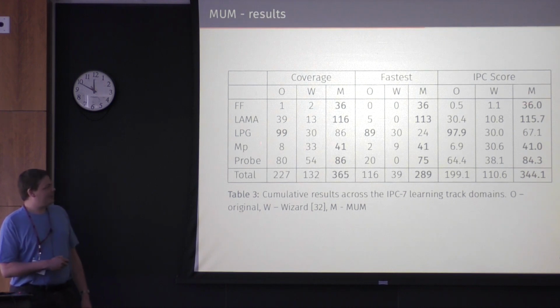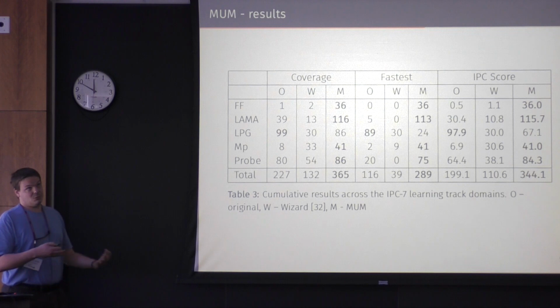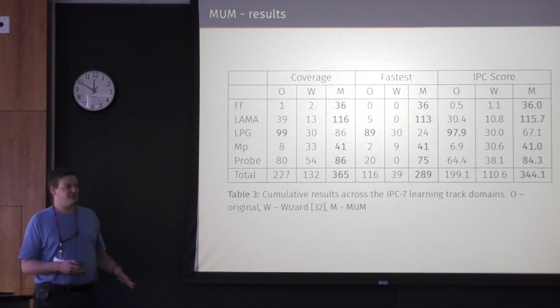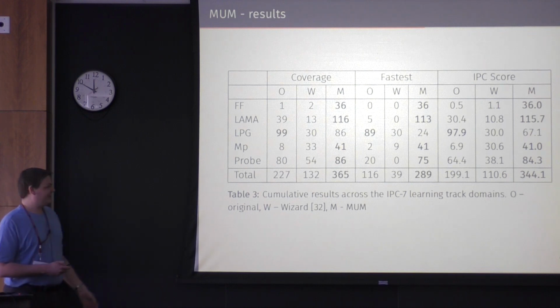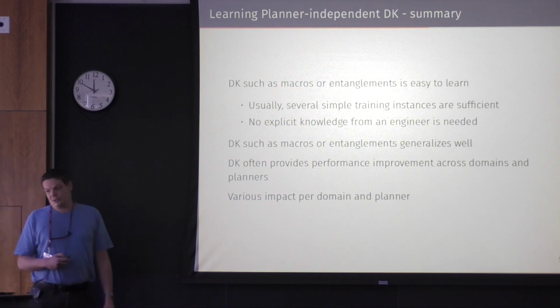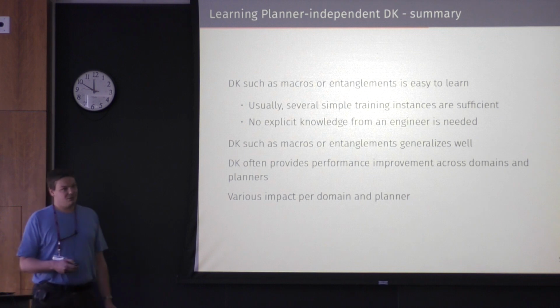There is one small exception, the LPG planner, where the original encoding was better. Very likely the problem is that if we even slightly increase the branching factor, the planner doesn't really like it.